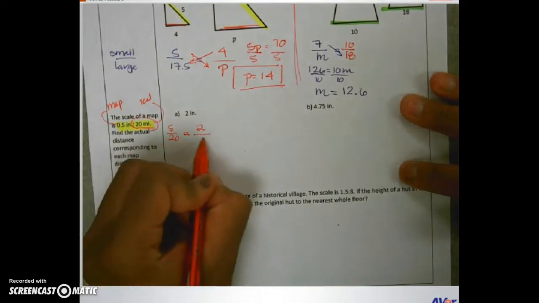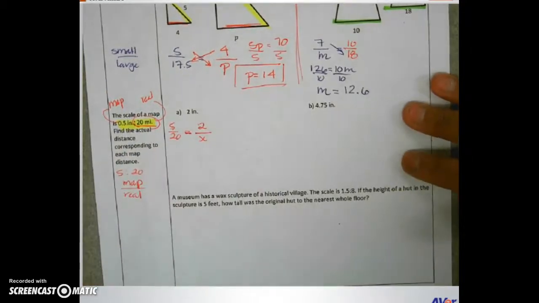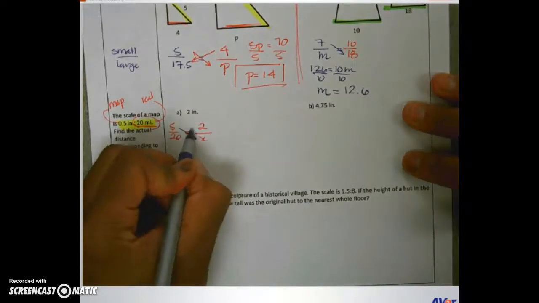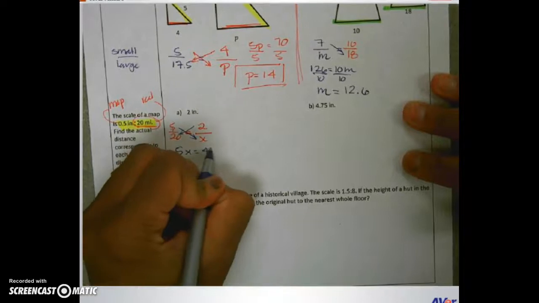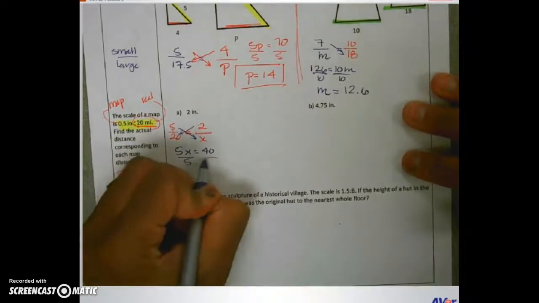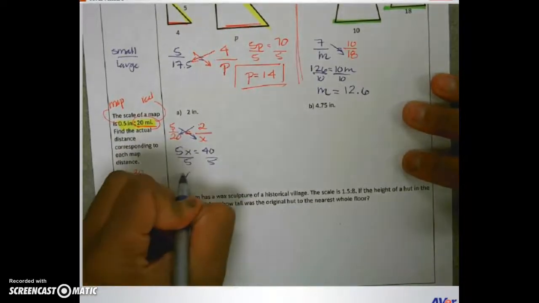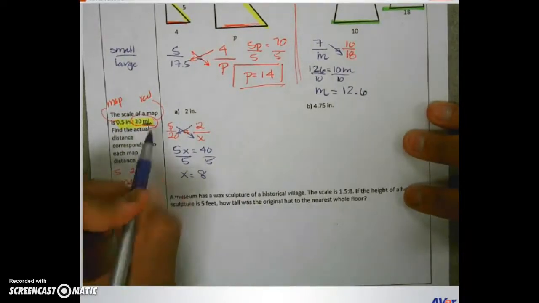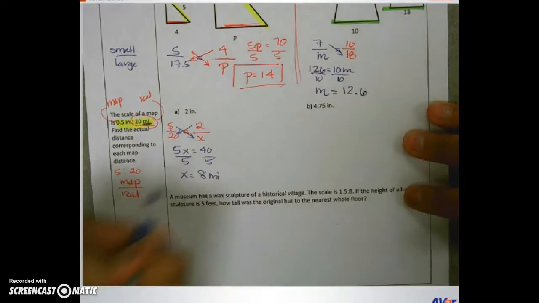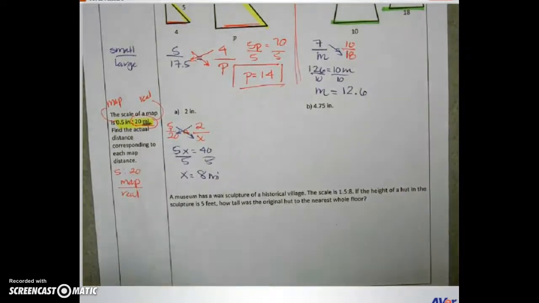And then what is that in real life? Well, that's x. I don't know yet, but I can cross multiply like we've been doing to find out. 5 times x is 5x equals 40. Divide both sides by 5. And I get x is equal to 8, but 8 what? 8, miles. M-I. That's it.